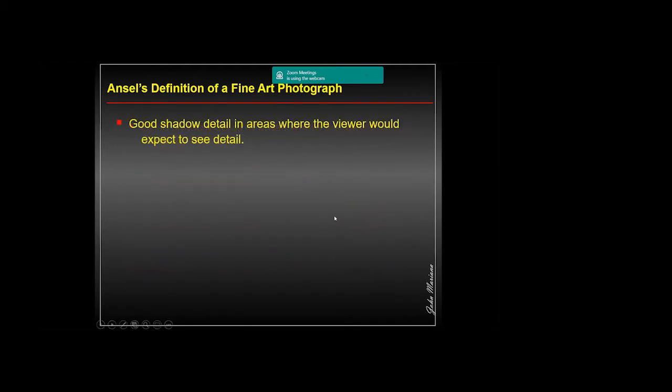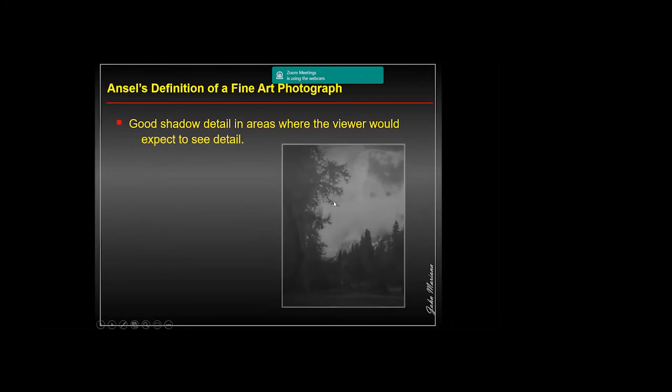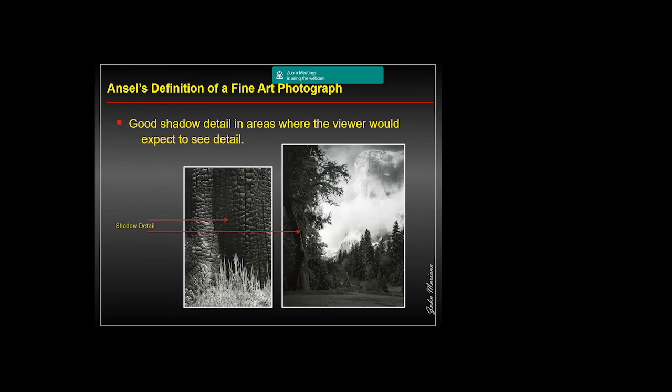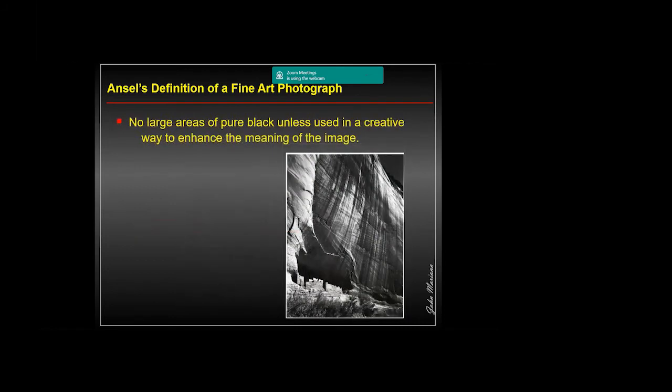So good shadow detail in areas where the viewer would expect to see detail. Here's my favorite image, and here's another one he produced, and you look at those and you will see detail in the shadows of those images. And the prints are just beautiful, with detail in those shadows. No large areas of pure black unless used in a creative way.